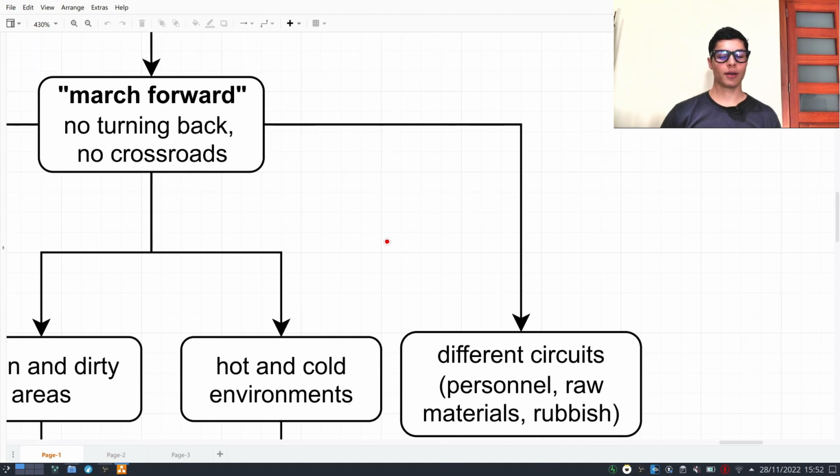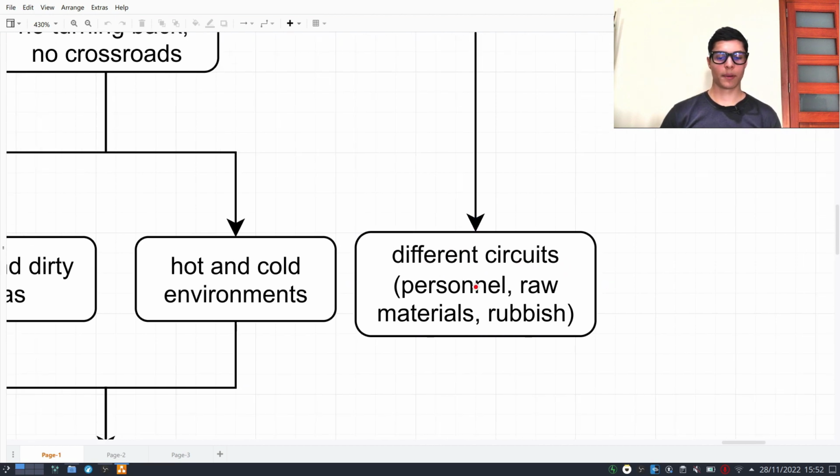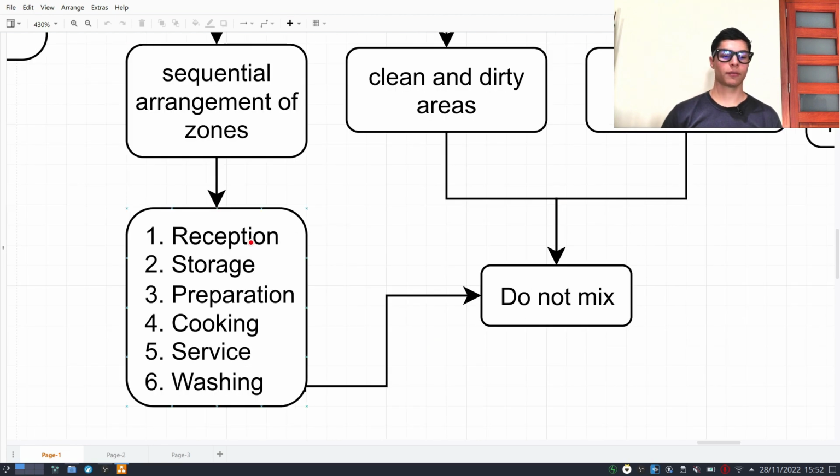And then something very important that is revolutionary to this idea and makes everything work perfectly in most kitchens is using circuits. There are different circuits because there are some circuits for the personnel or the staff, for the raw materials, and also for the rubbish. The circuit, for example, of service, let's say.